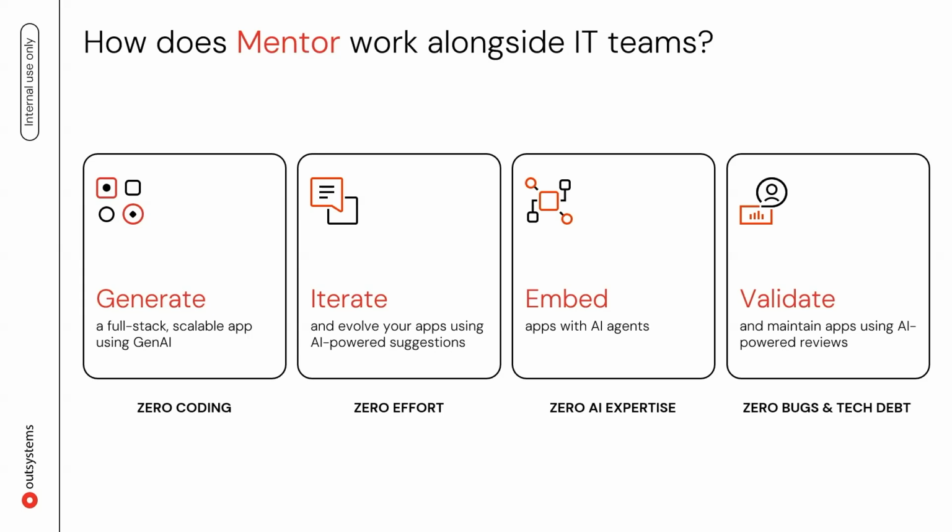OutSystems envisions a future where AI app generation and human developers work side by side to create and iterate applications. As Gartner has stated, AI will enhance developer productivity, but it isn't likely to completely replace the need for professional software developers. At OutSystems, we imagine a future where apps are generated from natural language inputs, such as plain text and requirements documentation.